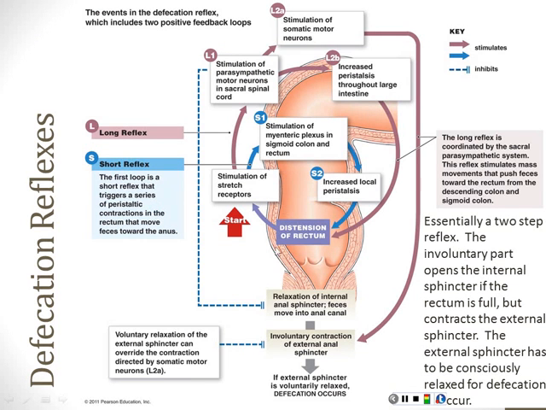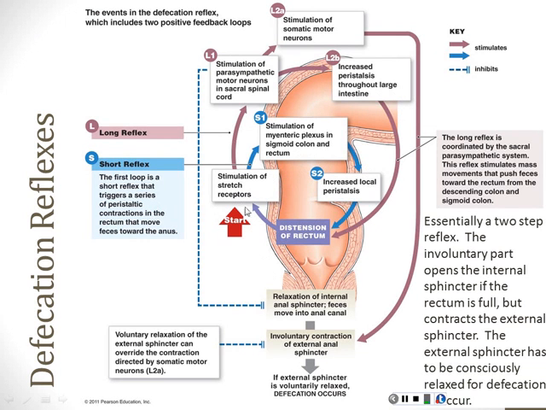So what about that defecation reflex? Okay, so there's an involuntary component and there's a voluntary component. The involuntary component goes a little like this. Because of a mass movement from the sigmoid colon, the rectum gets filled. That filling creates distension, and that distension triggers a stretch receptor.